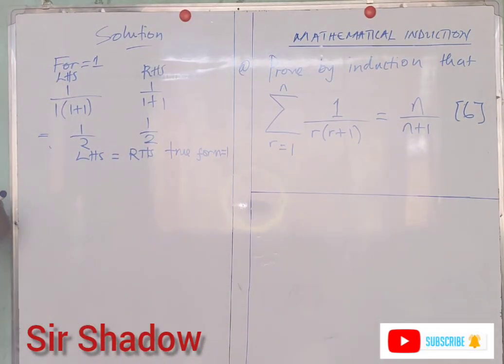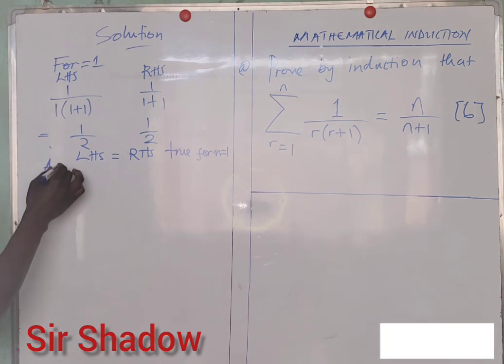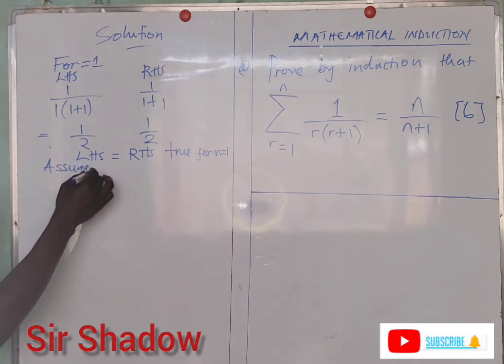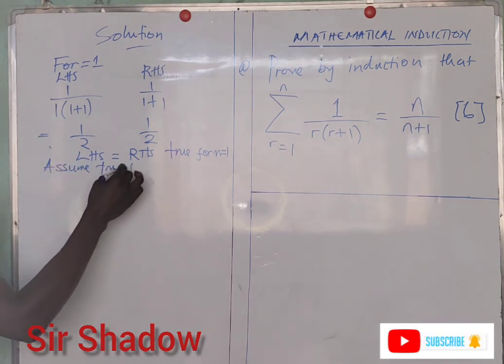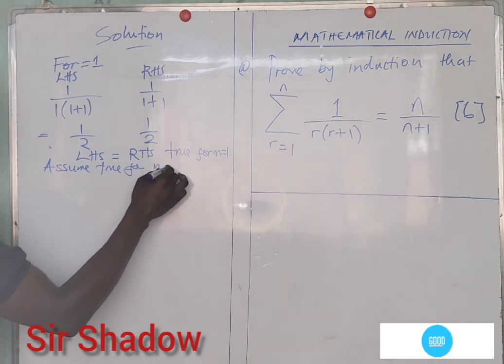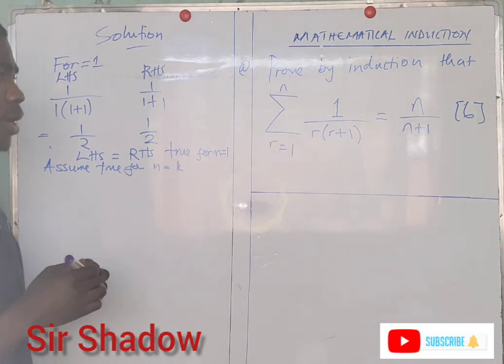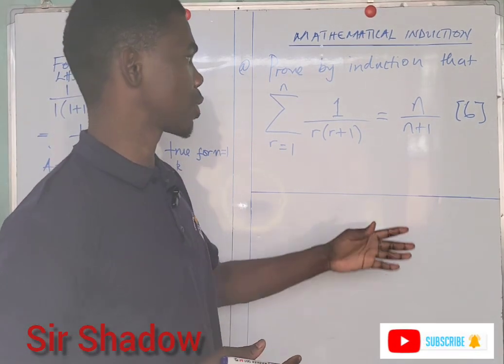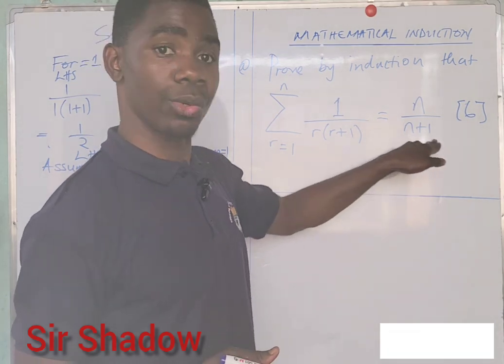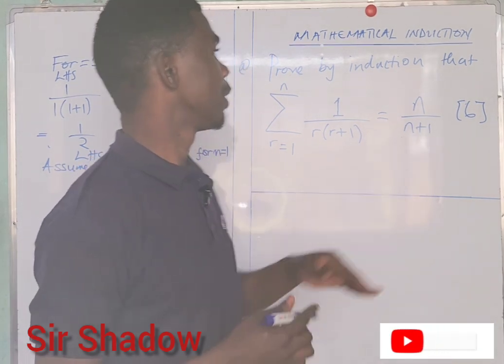Let's now move on to assuming true for n is equal to k. Whenever we want to assume true for n is equal to k, we use this side.